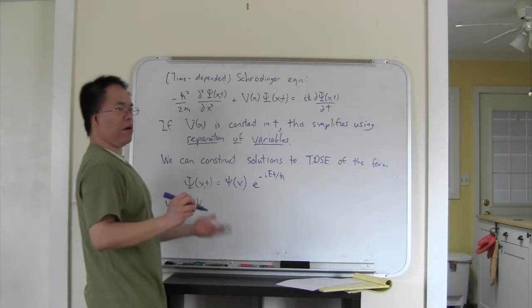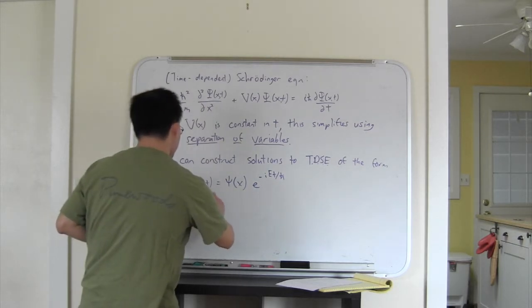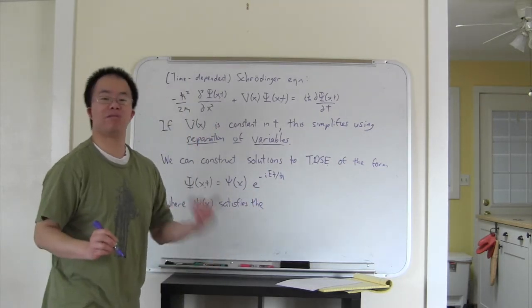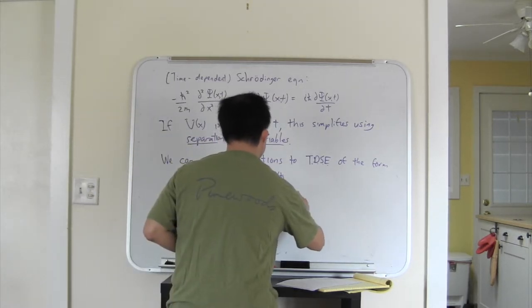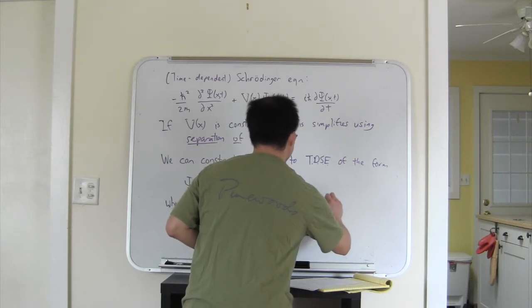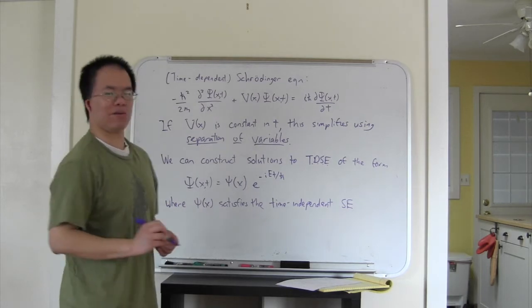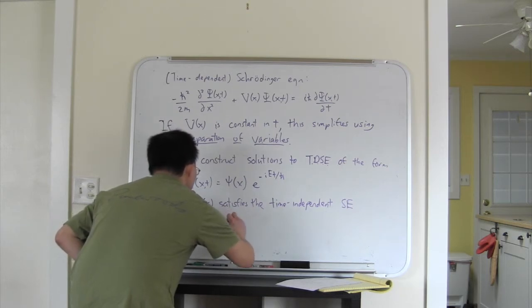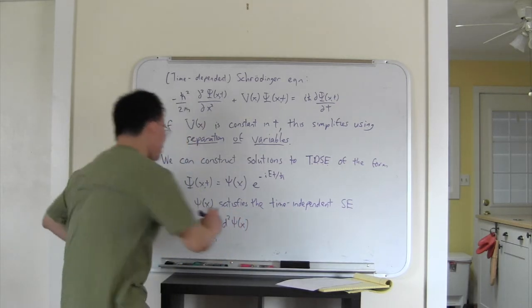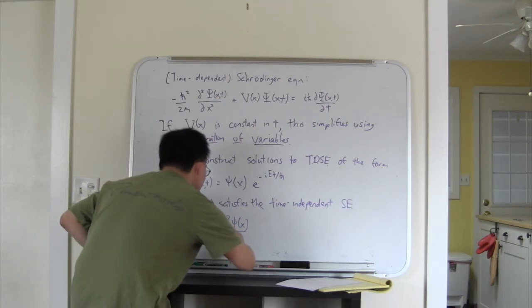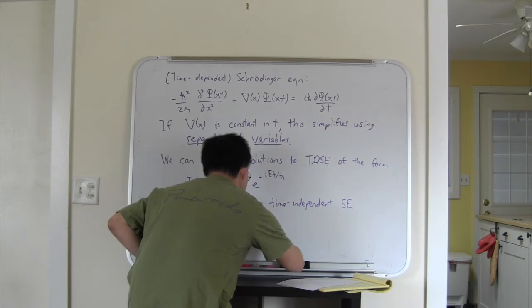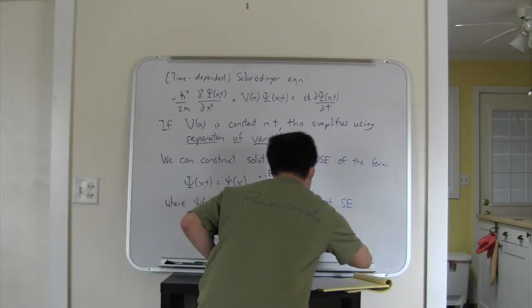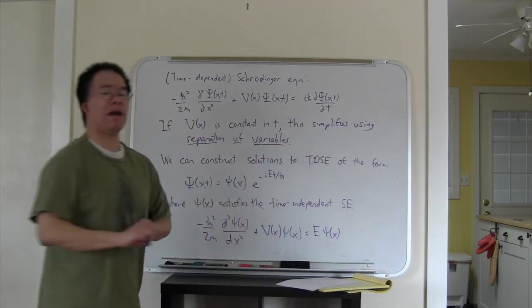Here, the spatial part of the wave function, lowercase psi of x, satisfies what we call the time-independent Schrodinger equation. It looks like minus h bar squared over 2m d squared psi dx squared plus V of x times lowercase psi of x equals E psi of x. This is now an ordinary differential equation because lowercase psi only depends on position.